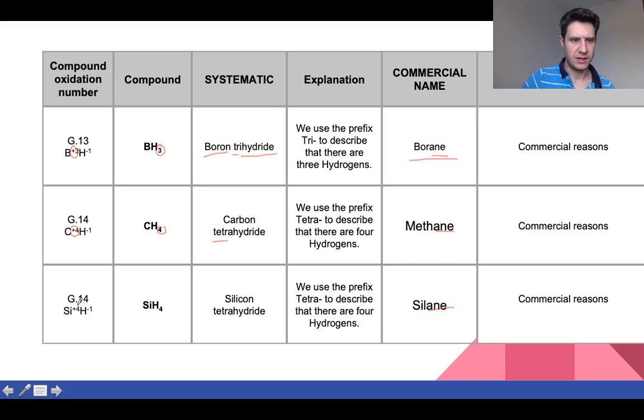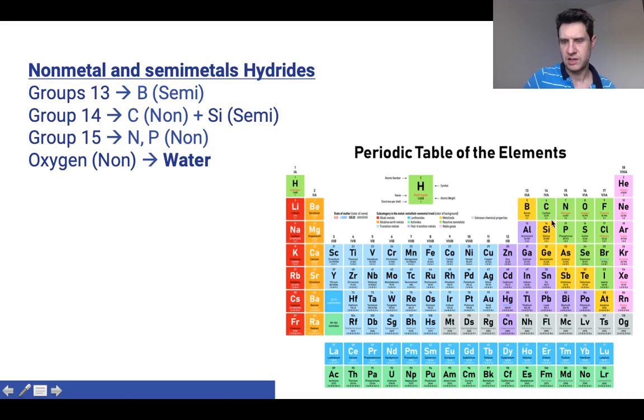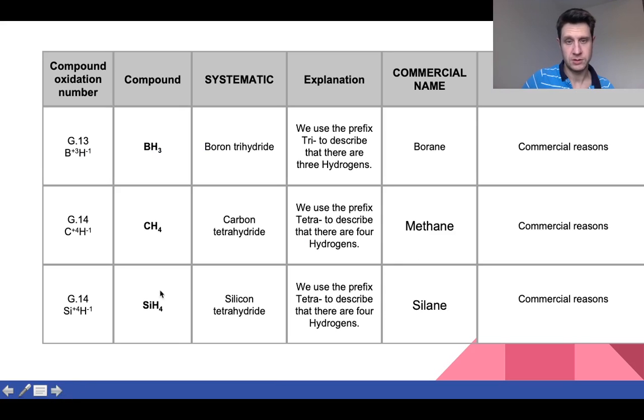Good. Silane, in this case, oxidation number 4 is also, as you can see here, semi-metal, okay, like boron, that makes borane. Okay, that's great. And it is exactly the same as carbon because both of them have the oxidation number 4.